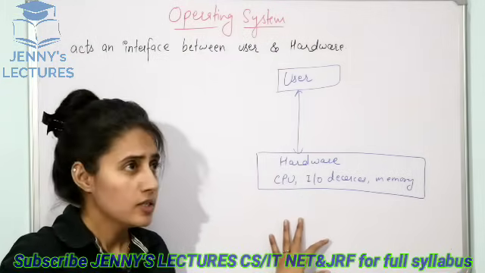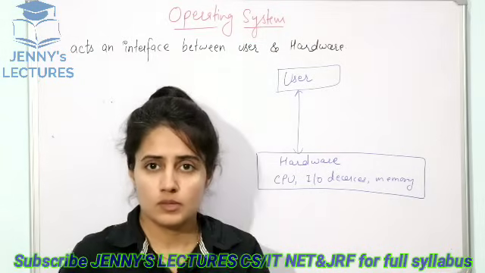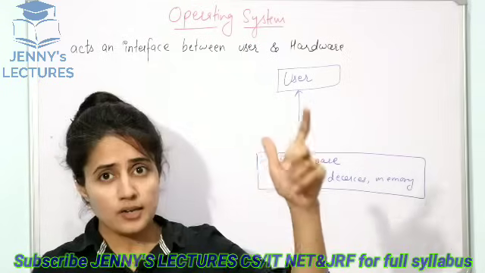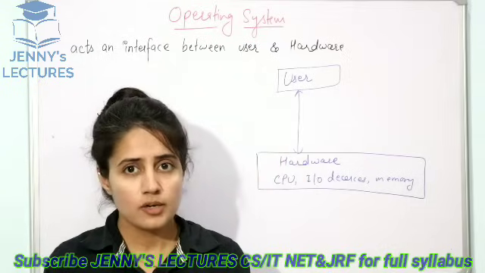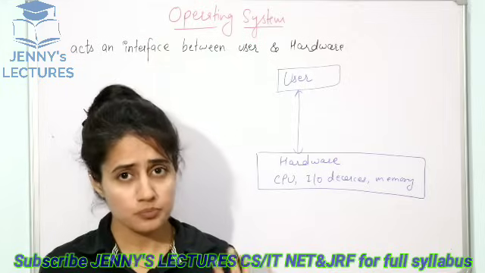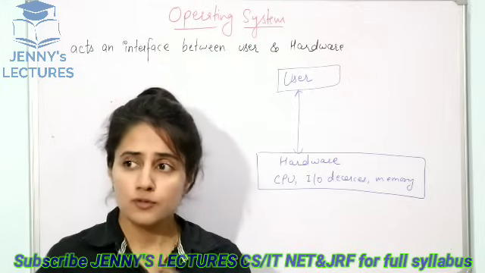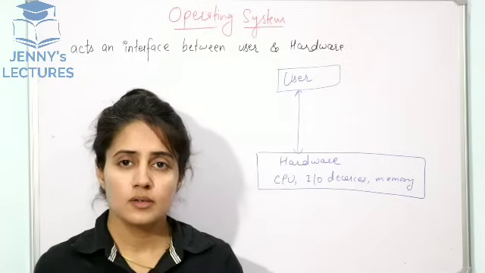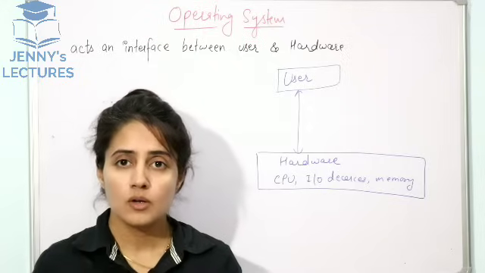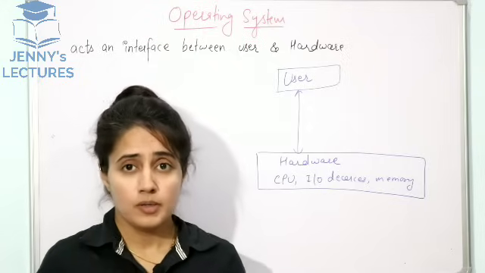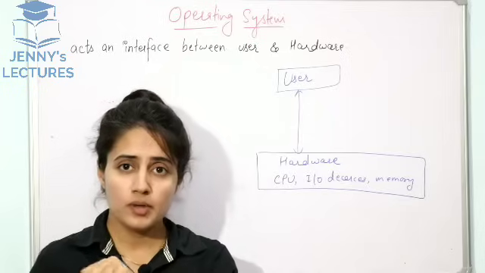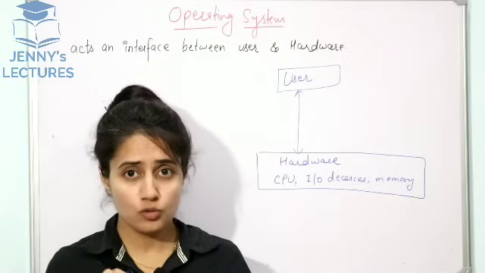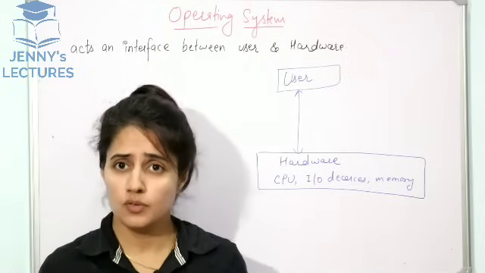Maybe it is possible. First let me tell you a real life example. When you want to start a fan, there is a switch, and when you switch it on the fan starts. If the switch is not there, is it possible to start the fan? Maybe, because behind the switch there may be a circuit having 2 or 3 wires, and when you join 2 wires, the fan will work.